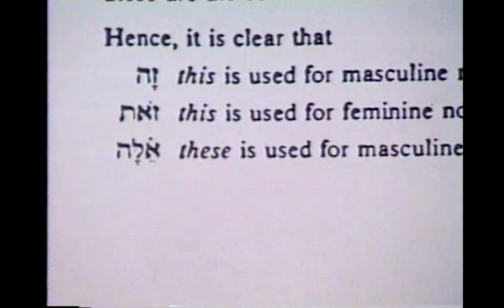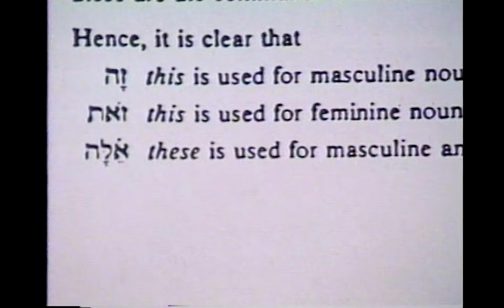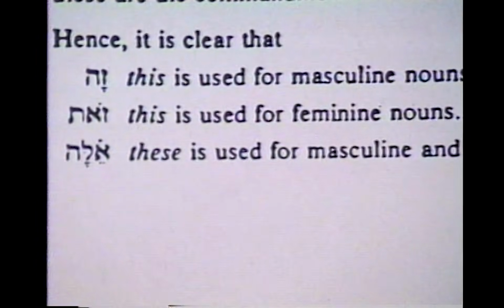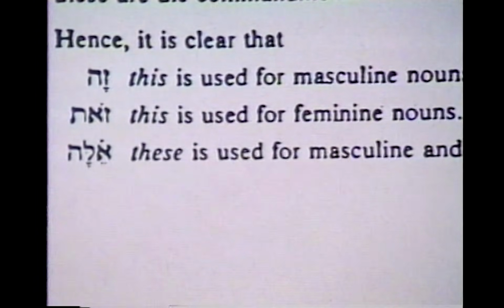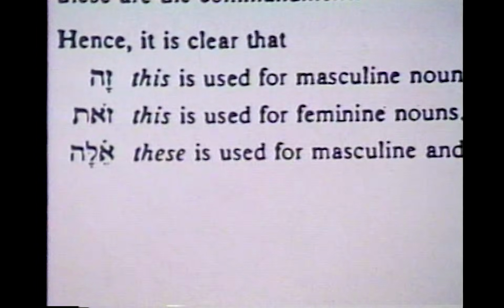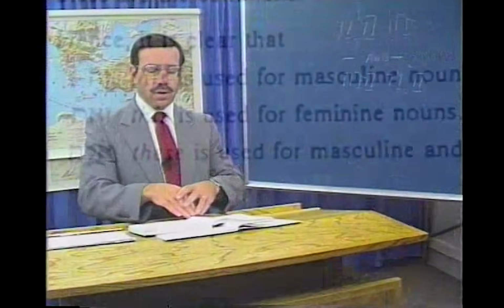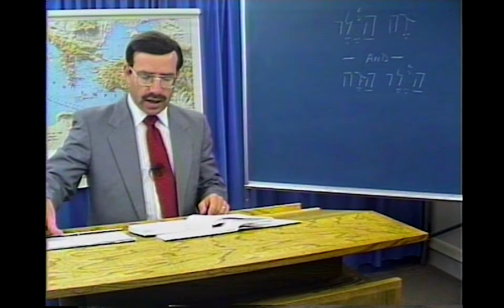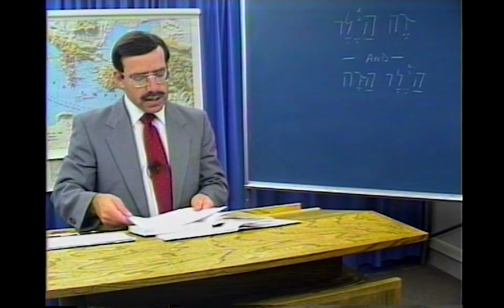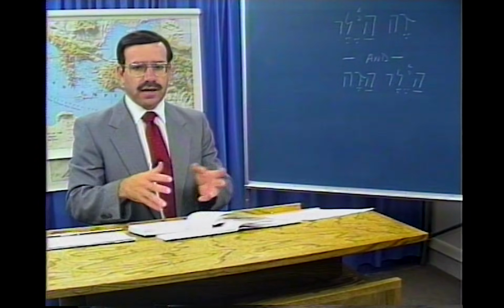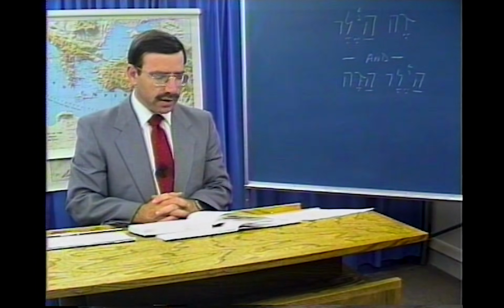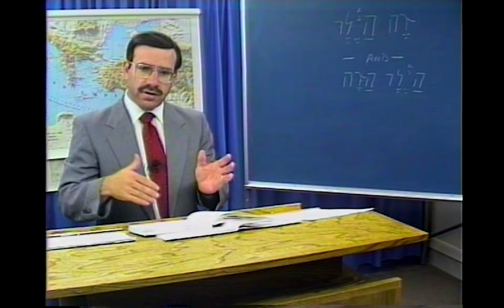It says, hence it is clear that za or ze, this, is used for masculine nouns, and then zot, this, is used for feminine nouns, and ele, these, is used for masculine and feminine nouns when we're talking about the plural. All right, now when we're talking about these demonstrative pronouns, let's try to do a real good job of understanding the use of the masculine and the feminine.